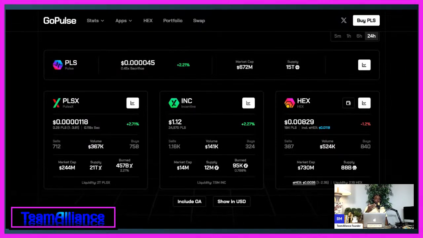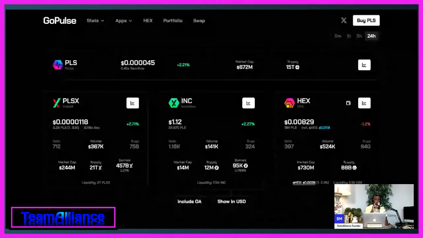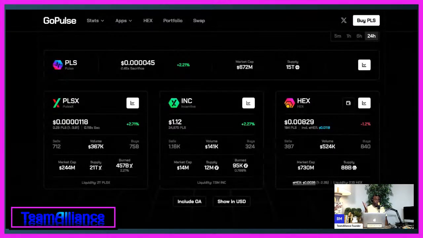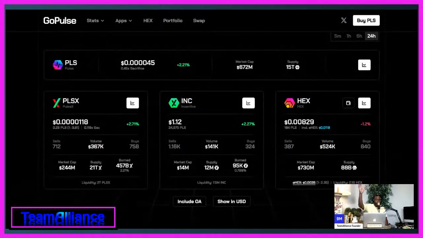I'm buying all of them because of all the reasons that I just mentioned. PulseChain is a blockchain, the same way that Ethereum is a blockchain. PulseChain took Ethereum, copied everything on Ethereum, and put it onto PulseChain. Now you have a blockchain with all of the same tokens that are on Ethereum. But because the liquidity and the pricing is so different on PulseChain, the fees are substantially less, way less than the fees on Ethereum.